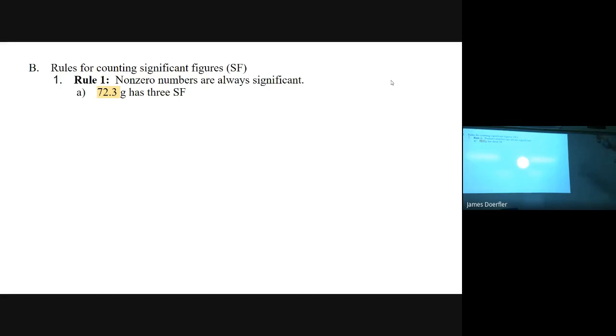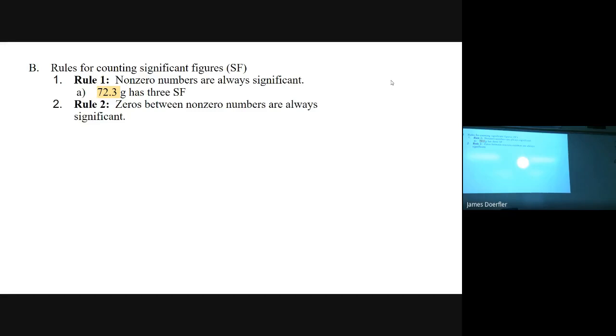We start off easy. Not that they're terribly difficult, but that one is number 1. Rule 2, zeros between non-zero numbers are always significant. So if you have a kind of a number sandwich going on here, a 2002, how many zeros are sandwiched in there, right?